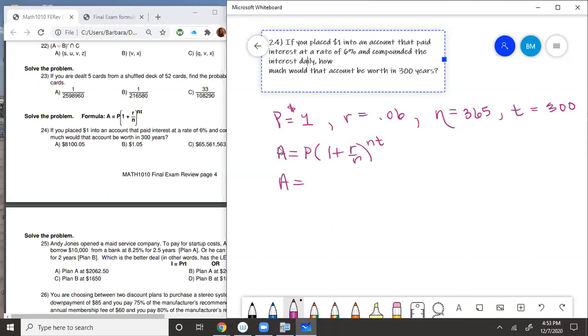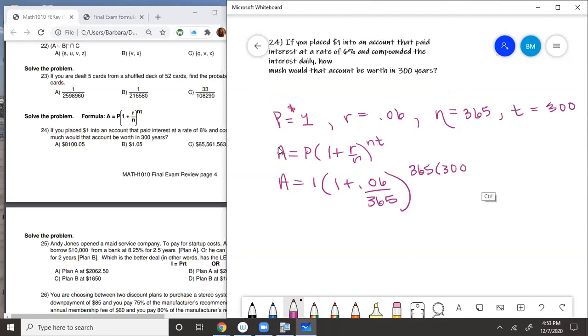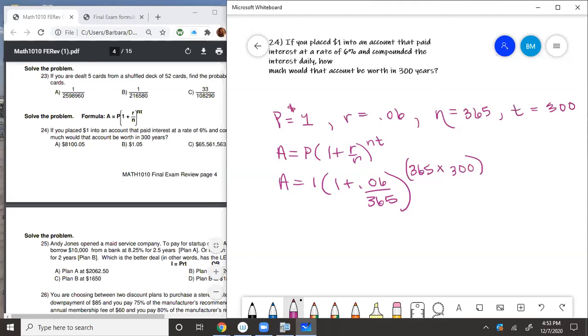So 1 times (1 plus 0.06 over 365) raised to the 365 times 300. Well, actually, since we're putting this on our calculator, we can just do this, and we don't need that 1 there.